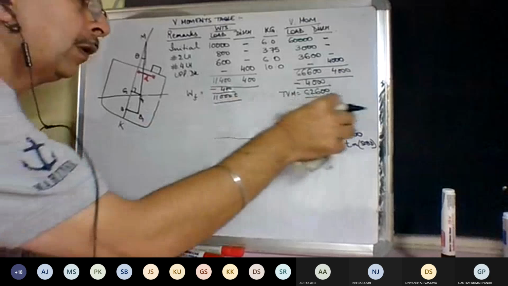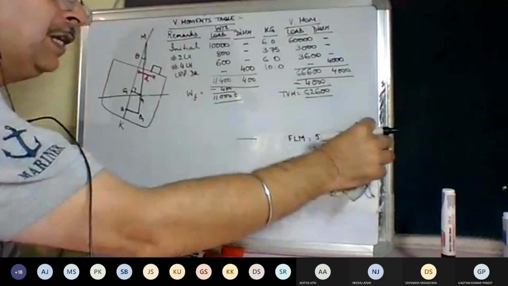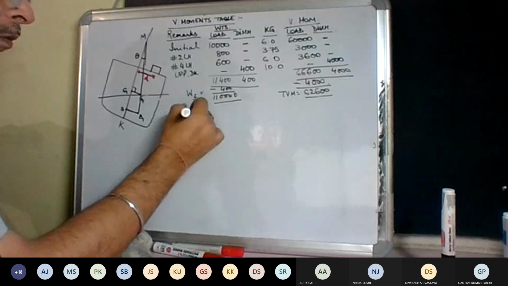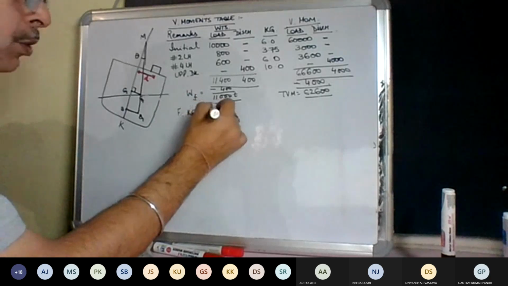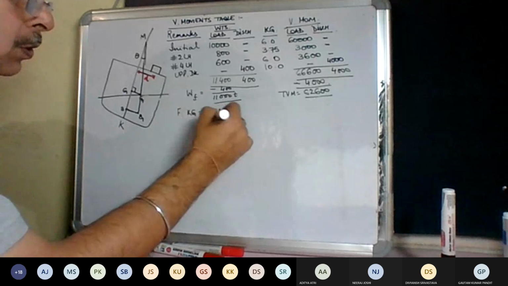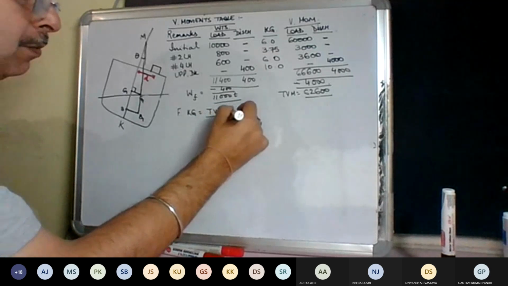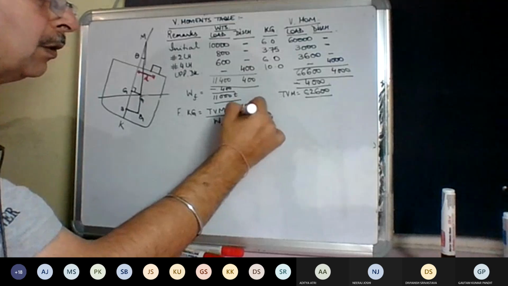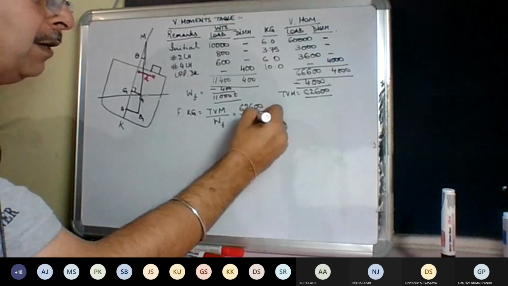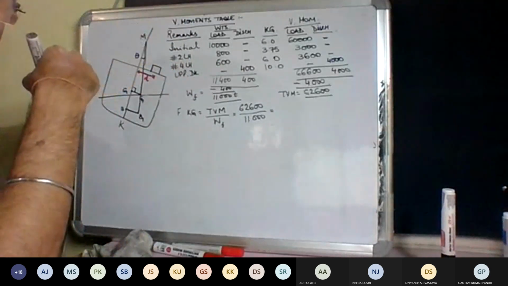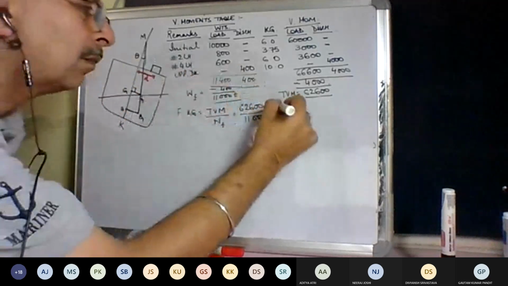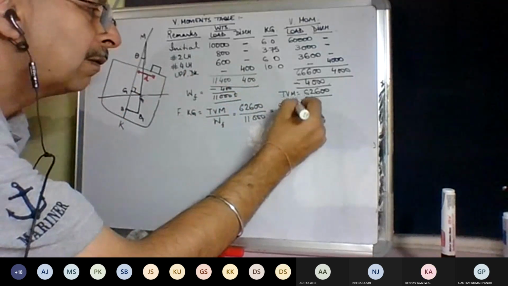Therefore, the final kg will be equal to total vertical moments upon W final, is equal to 62,600 divided by 11,000, is equal to 5.691.